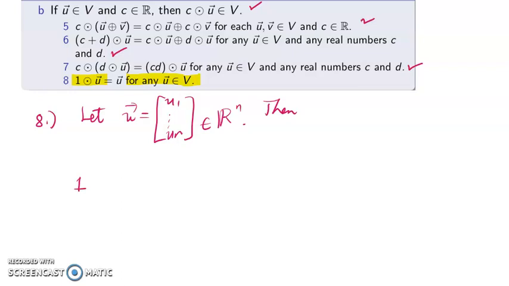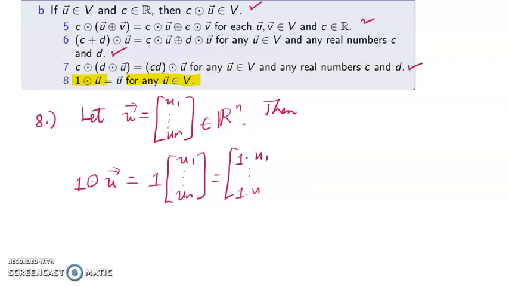So that will become 1. This is just a real number 1. 1 times the vector u. So converting this to matrix, we just have scalar multiplication of a matrix. So u1 up to u sub n, and this is equal to 1 times u1 up to 1 times un. This is equal to, again, these entries are real numbers, and we know that this particular one here in the set of real numbers is the multiplicative identity.